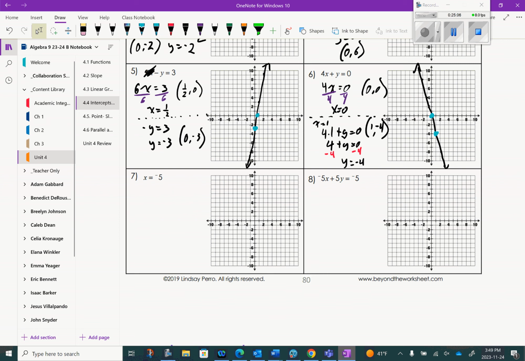What happens with number 7 here, where it says x equals -5? Well, okay, that means our x-intercept is at -5, 0, but there is no y-intercept. Because there is no y variable.